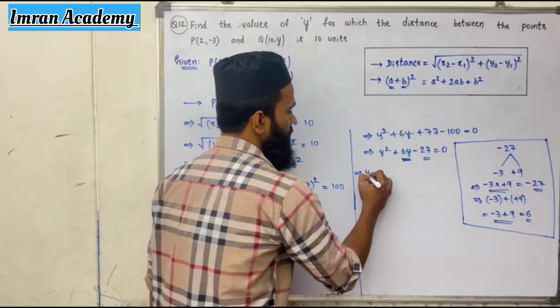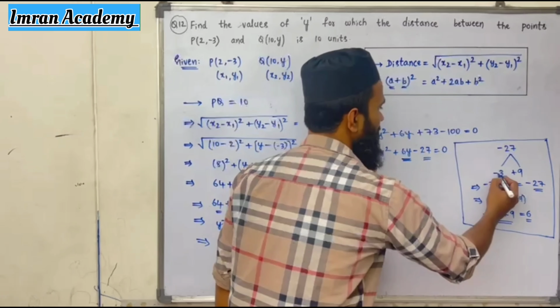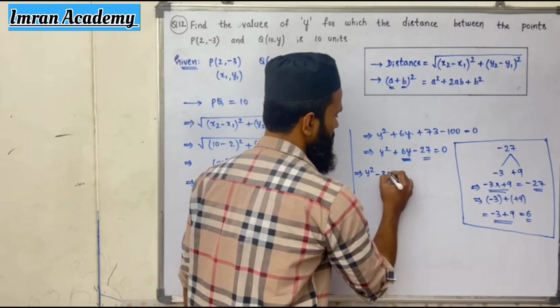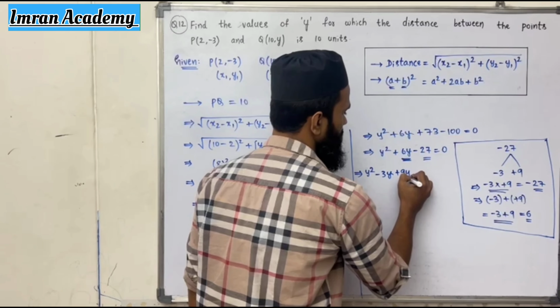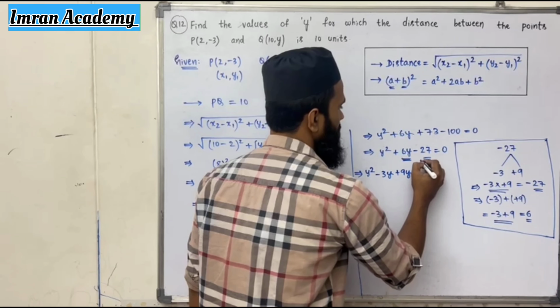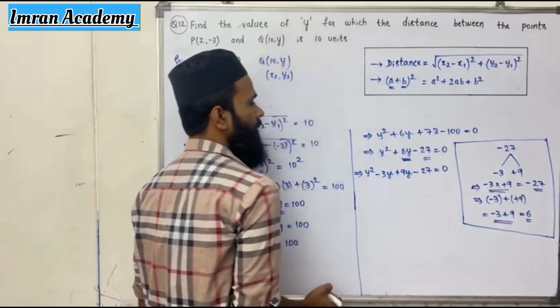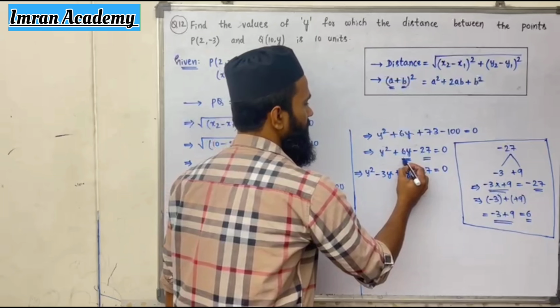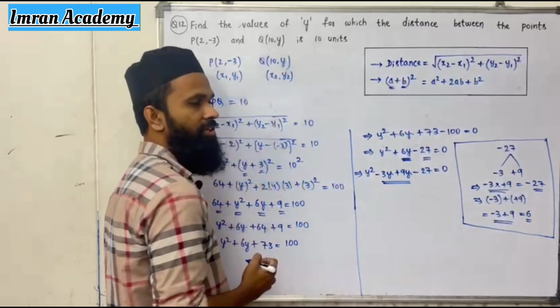That is y square plus 6y. We write it as y square minus 3y plus 9y minus 27 is equal to 0. Here we are writing plus 6y as minus 3y plus 9y.